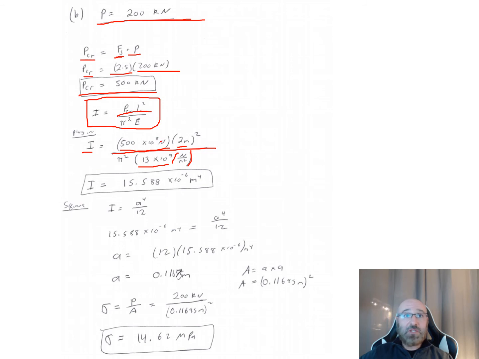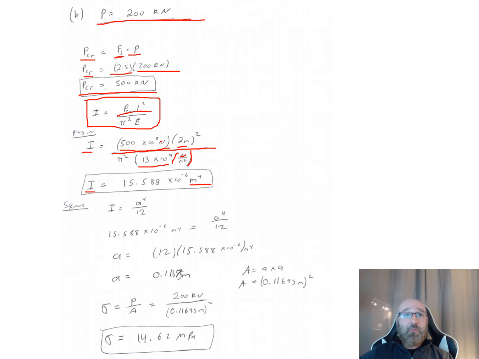Again, we see the newtons cancel with newtons. Our meters squared over 1 over meter squared becomes meters to the fourth when we do our unit analysis, which is exactly what we expect for I. So I is equal to 15.588 times 10 to the negative 6 meters to the fourth.